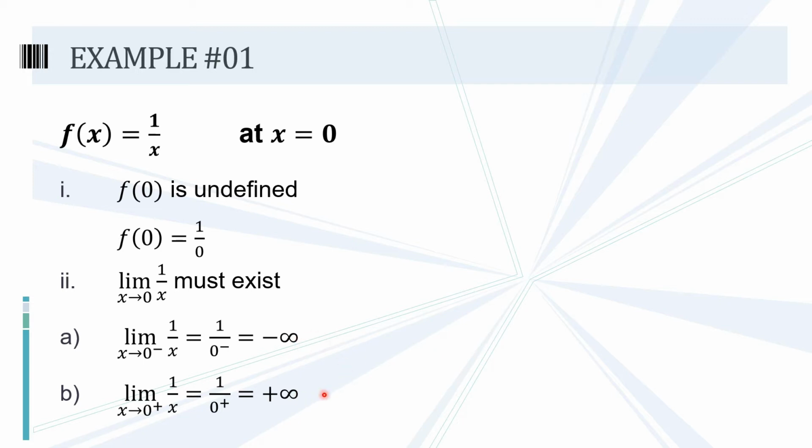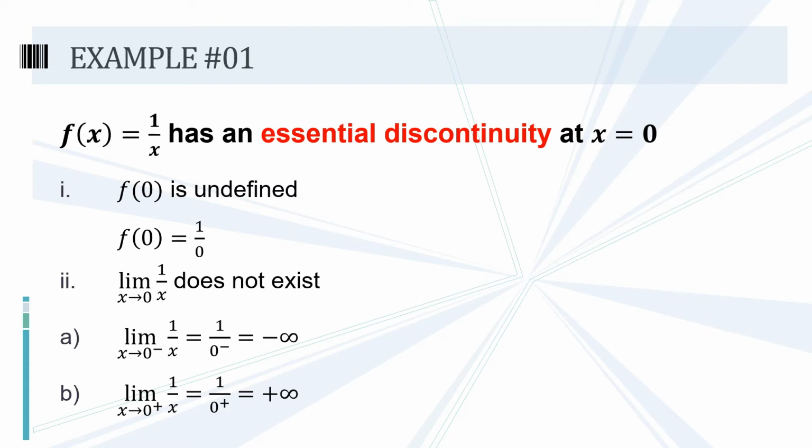Note that the two limits are not equal. Therefore, the limit of 1 over x as x approaches 0 does not exist. Okay? And since does not exist yung limit, then we are sure that f of x has an essential discontinuity at x equals 0.